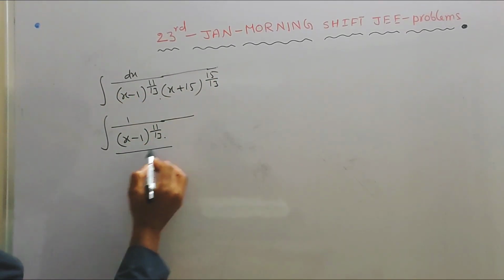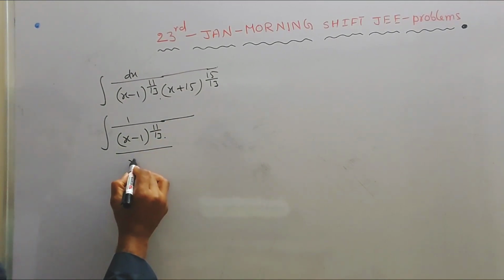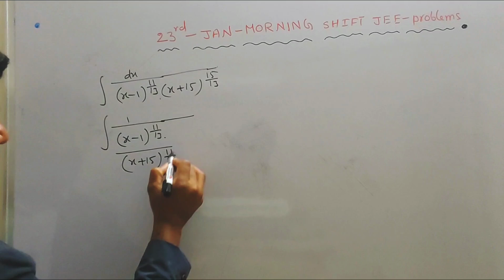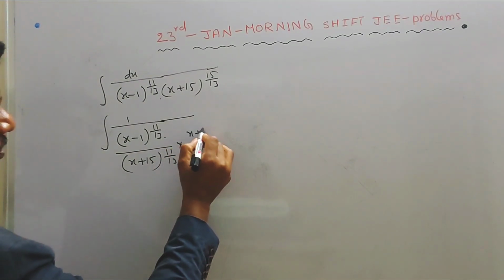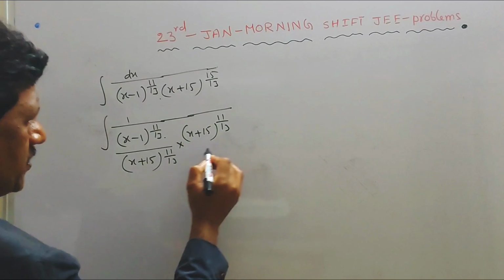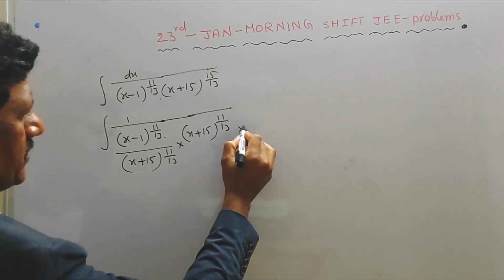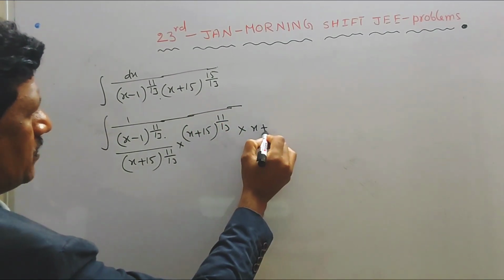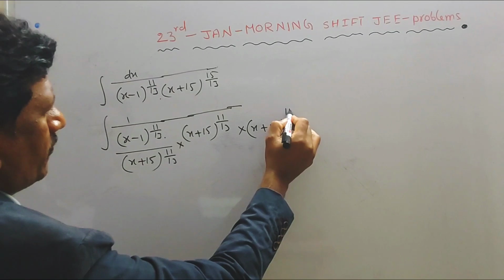Convert (x plus 15) whole power also in terms of this power. That means I am going to multiply and divide by (x plus 15) whole power 11 by 13, to cancel this. Downside, we have (x plus 15) whole power 15 by 13.